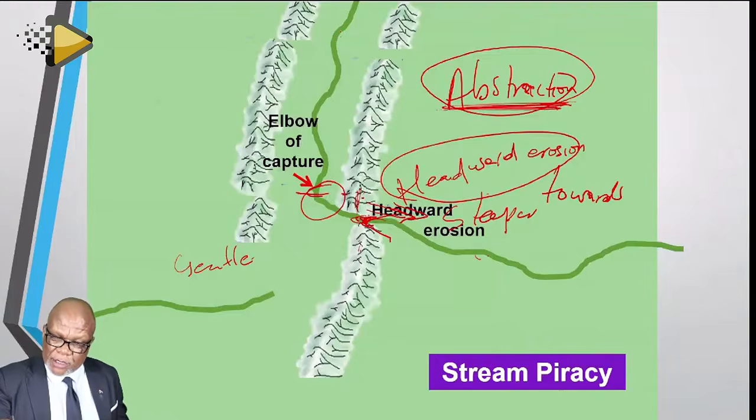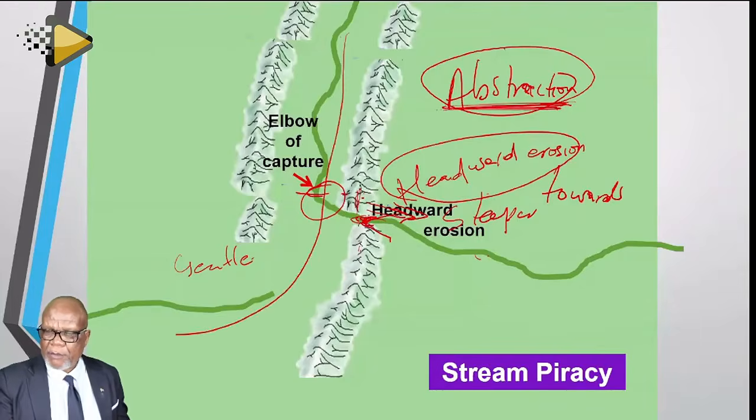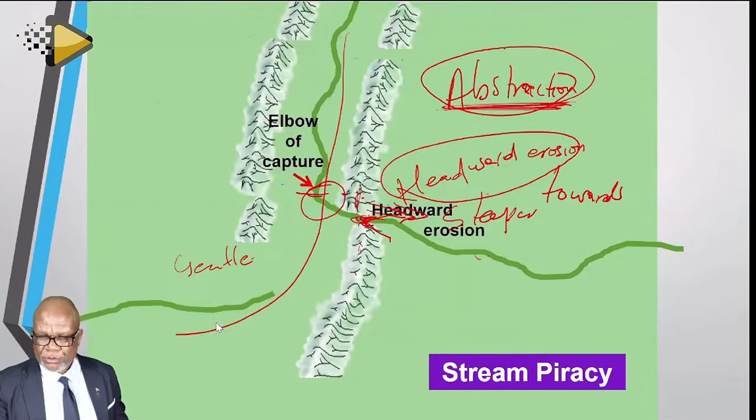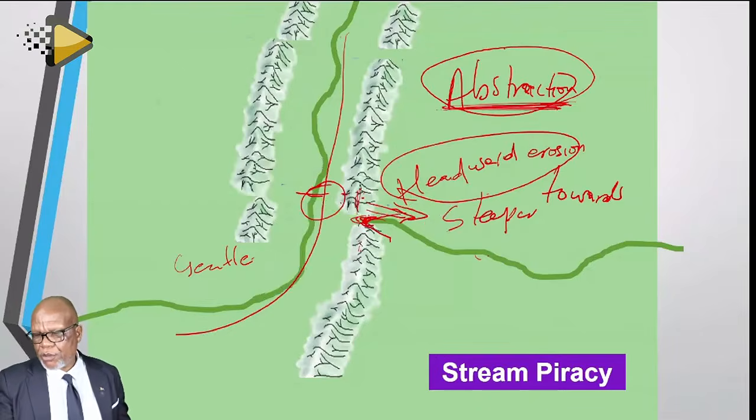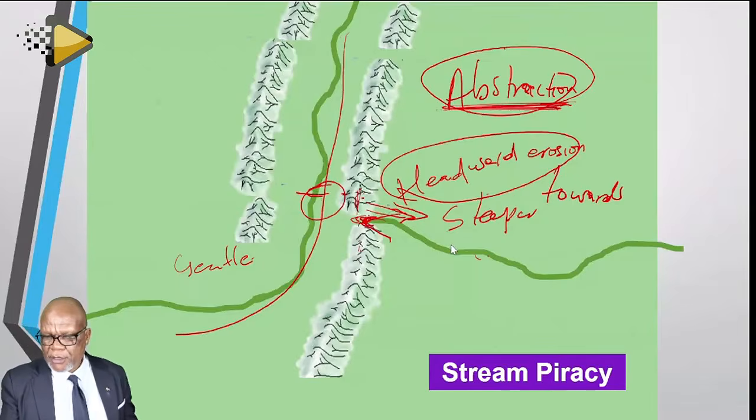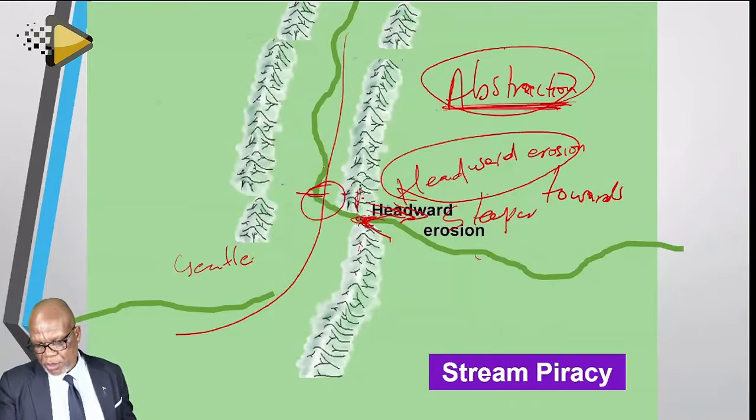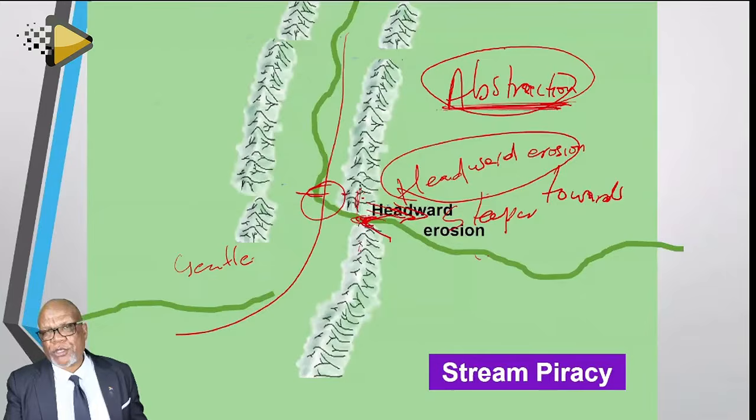This river is flowing from that direction, going in that direction. But now, because this one has a steeper gradient, once it joins, water is no longer going to go that way because it's gentler there. It's going to go this way because it's steeper.